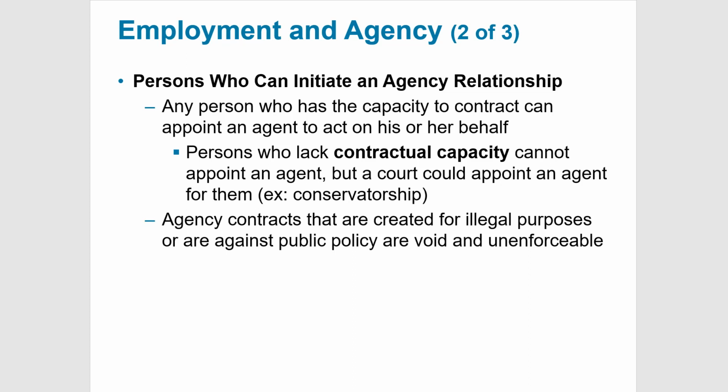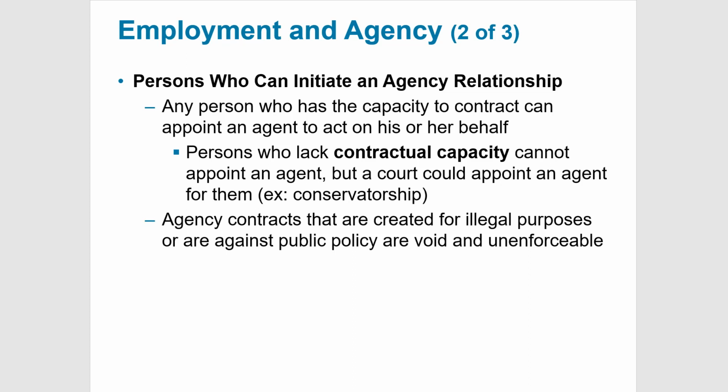If you lack that capacity, in some situations, a court could potentially appoint an agent for you. An example of this is a conservatorship relationship. The most relevant one to our timeline now was there were a couple of documentaries on Britney Spears' relationship with her father.